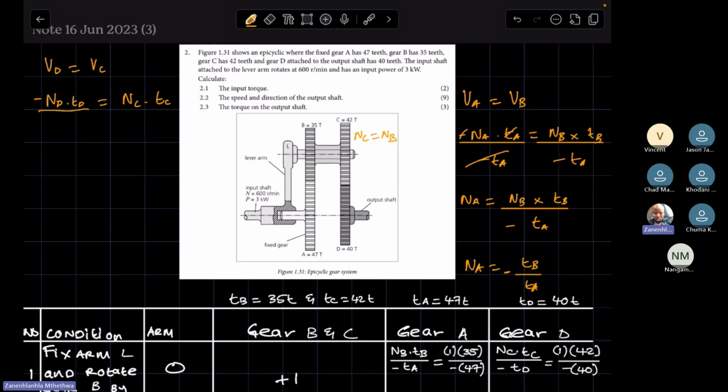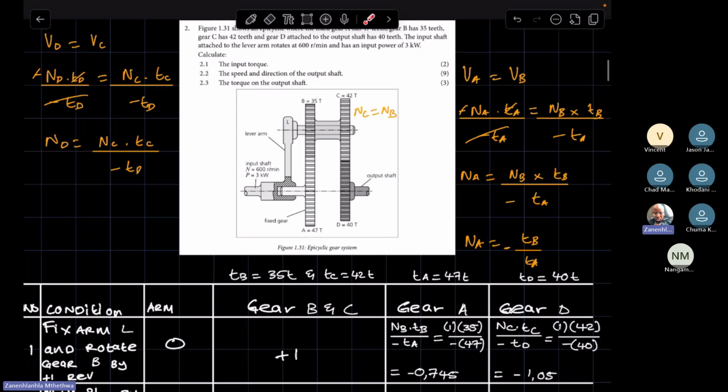We're looking for ND here, so you divide both sides by negative TD. That cancels. On the left hand side, you're left with ND, and on this side, you're left with NC times TC divided by negative TD. Now we want to get rid of NC and express it in terms of number of teeth.